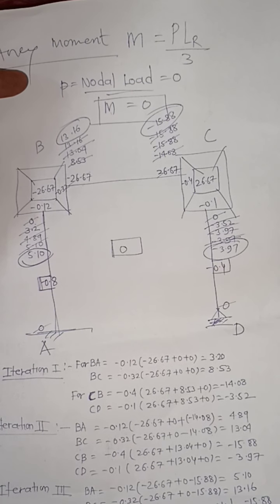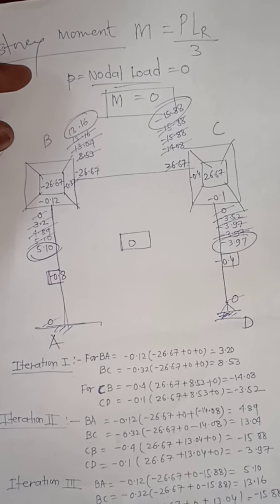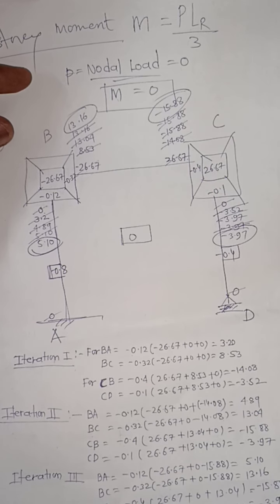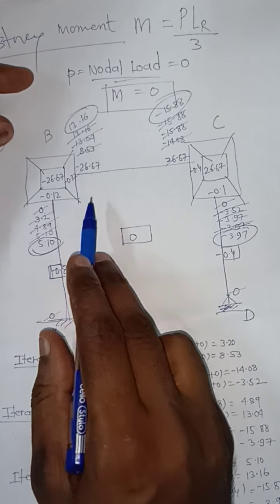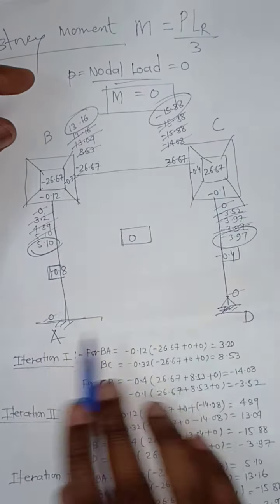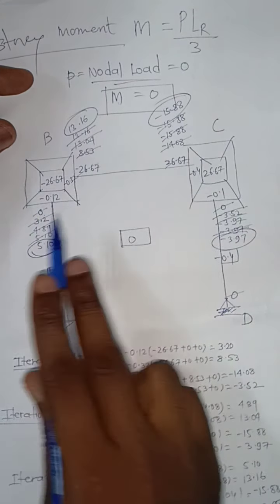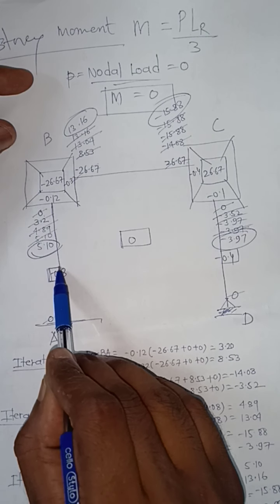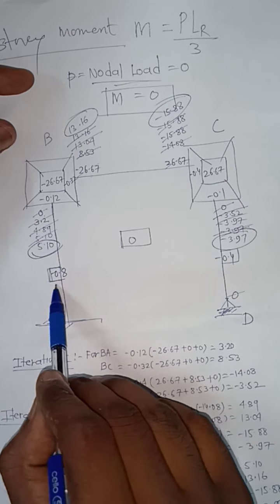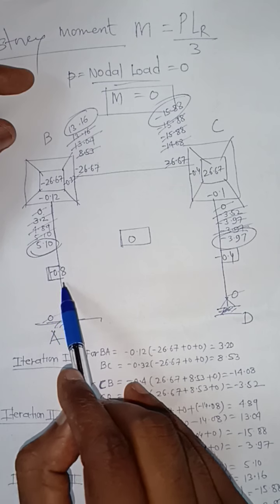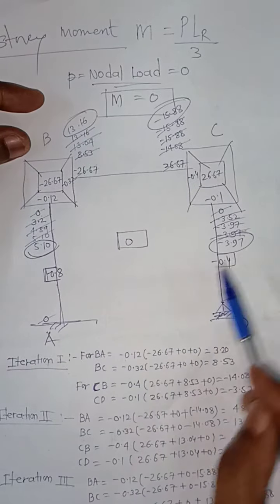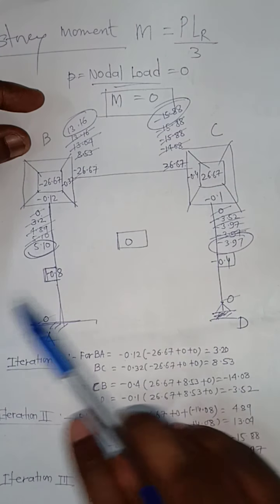Next is the iteration process. As we already solved the iteration process for various cases, here also we have to perform it. First of all, you have to draw the table: initially draw a big rectangle, then small rectangles on all sides, and write the values. Along with this we write the delta factor column. We have already calculated the delta factor for BA and CD, so write it as an additional part in our Kani's diagram: minus 0.18 for BA and minus 0.4 for CD, calculated in the previous step.